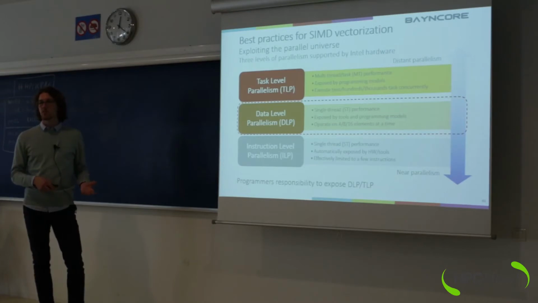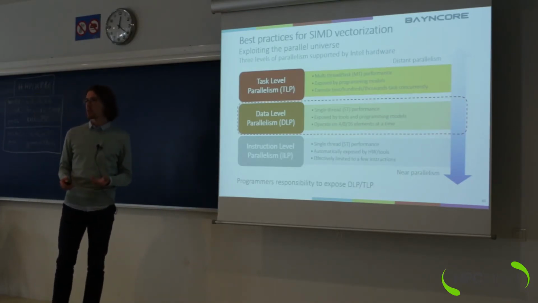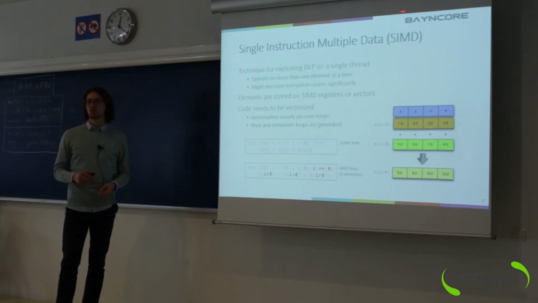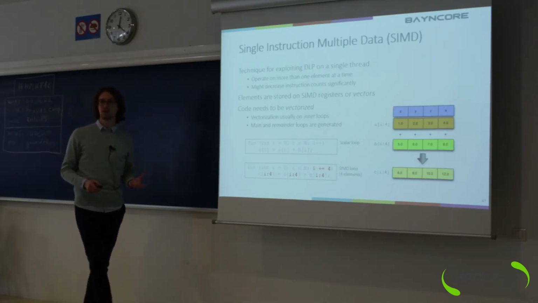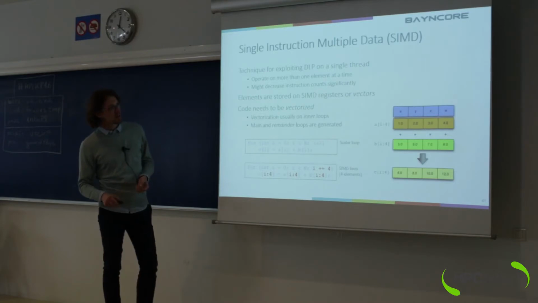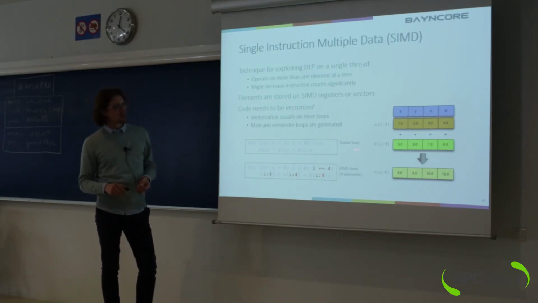And then there are programming models for parallel systems, OpenMP for example, or MPI, to harness parallel power without moving around too much. The main thing is to use single instruction multiple data, to use vectors, to work on a lot of items at the same time. So instead of adding x and 1, y and 2, z and 3, w and 4, we just do it in one step using vectors.